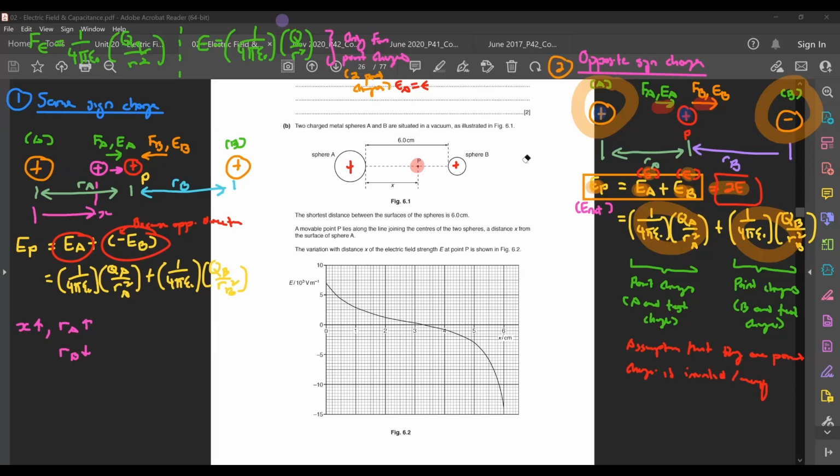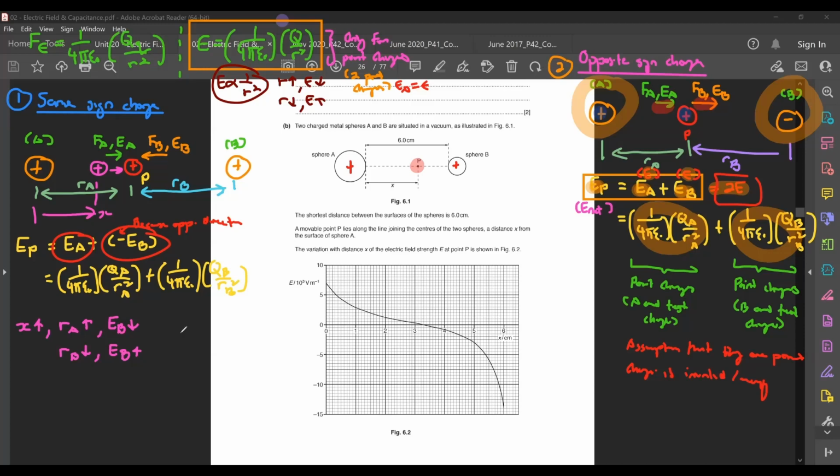If you look at the equation at the top, if everything else remains constant, E is inversely proportional to R squared, isn't it? So the moment R increases, your E drops. When your R drops, your E increases. Translating it to each of sphere A and sphere B: your RA increases, your EA should decrease. Your RB decreases, your EB should increase.